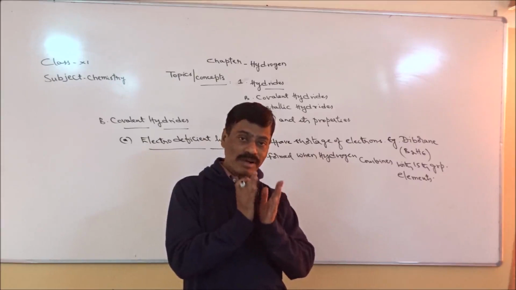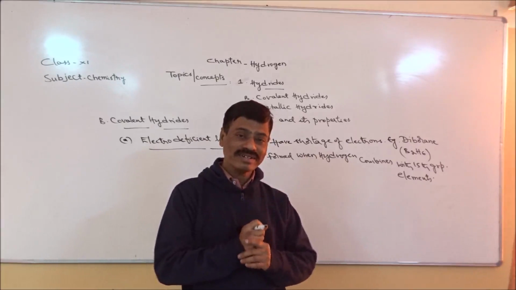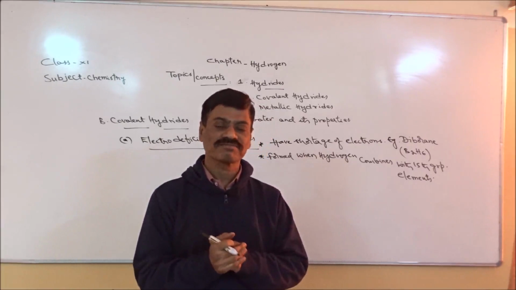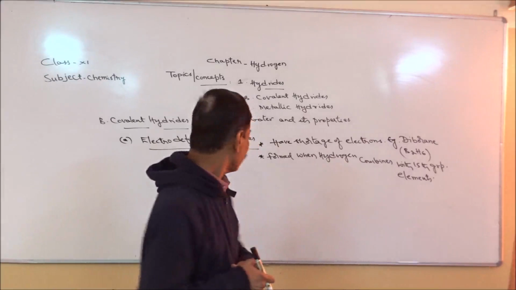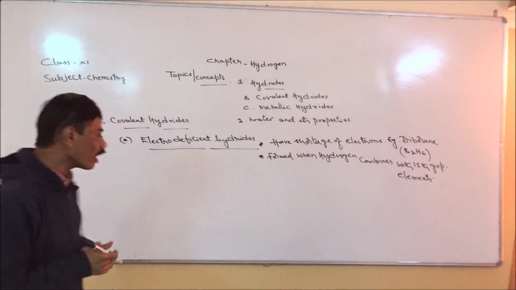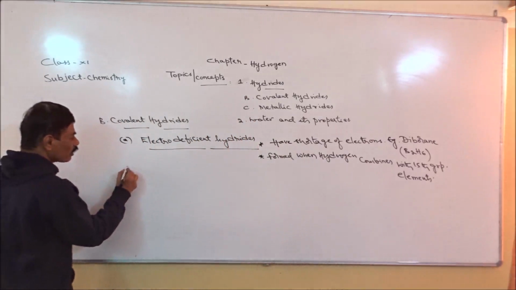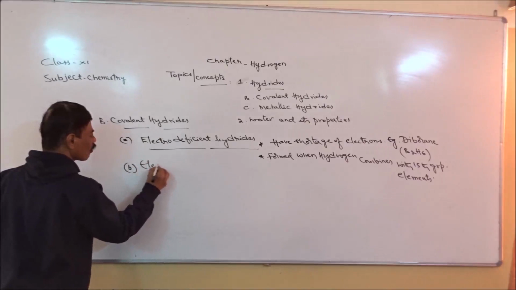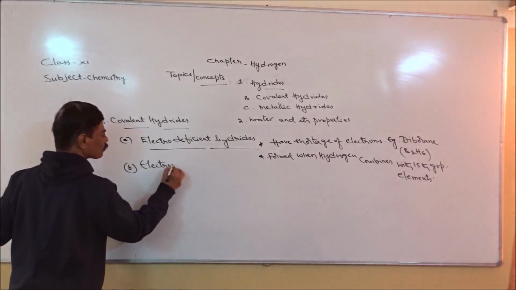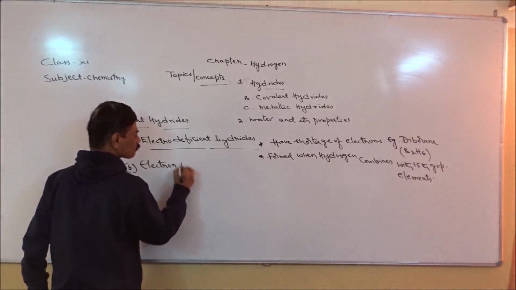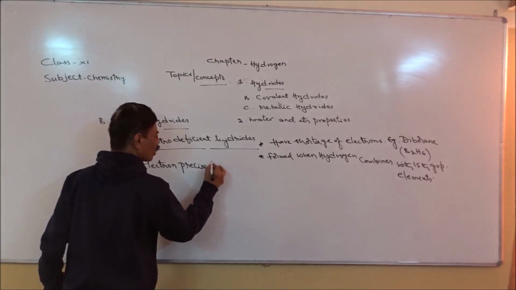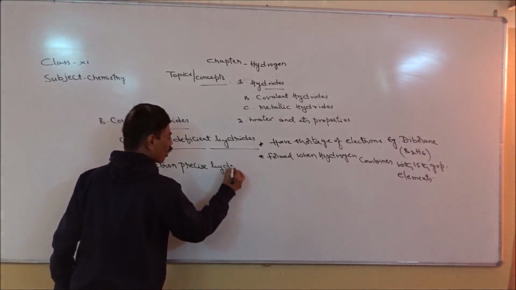That number of electrons, if it exists, it can be for the formation of bonds. Then that is said to be electron precise hydride. So second type is electron precise hydrides.